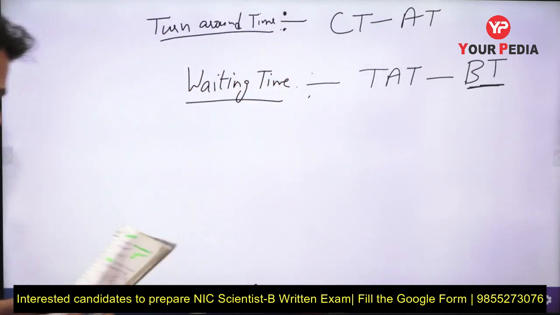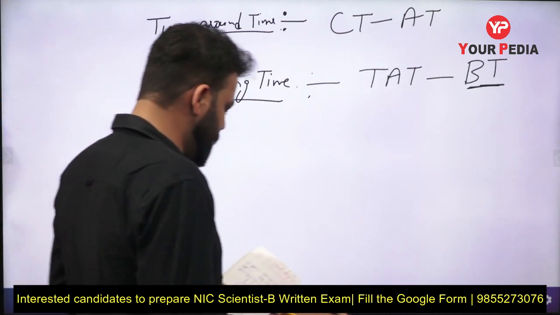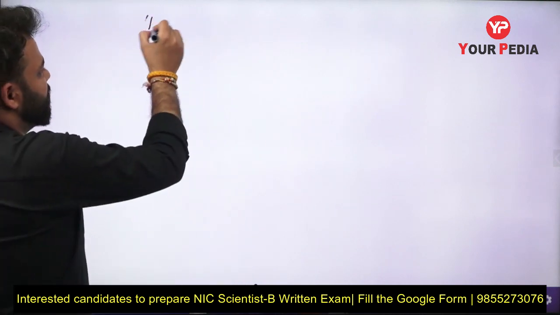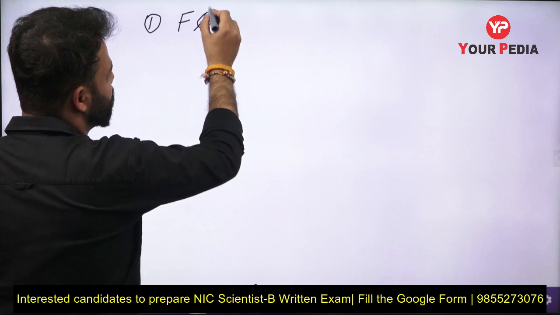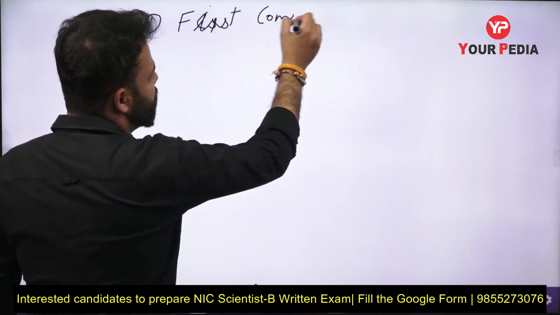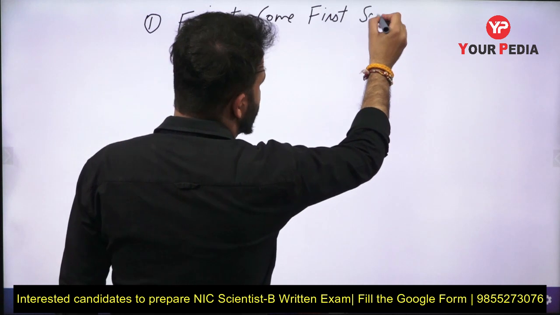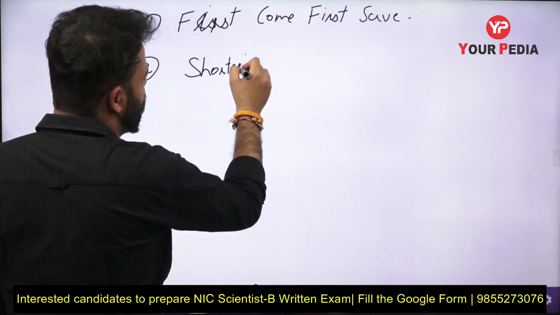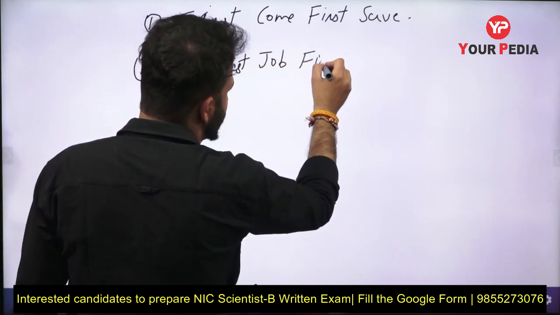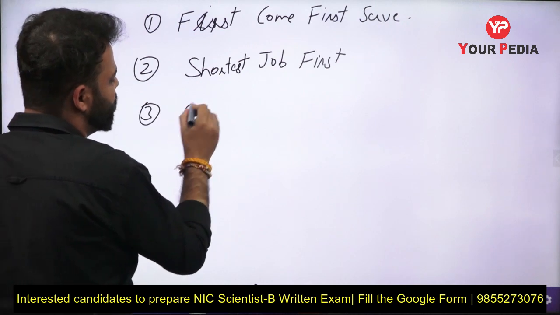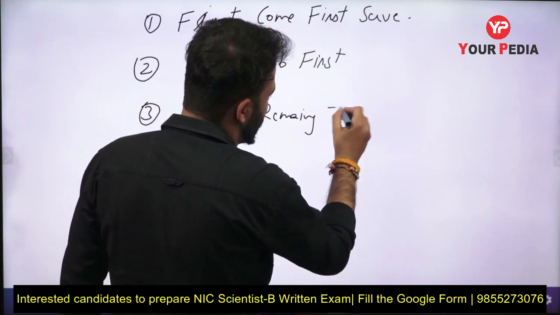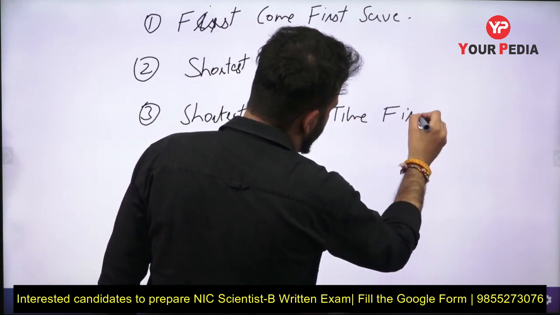So these are some of the times that we normally use in order to find the best possible solution for CPU scheduling. Now after that, there are multiple algorithms, or you can say multiple methods, to apply CPU scheduling. The methods are first come first serve, shortest job first, shortest remaining time first.